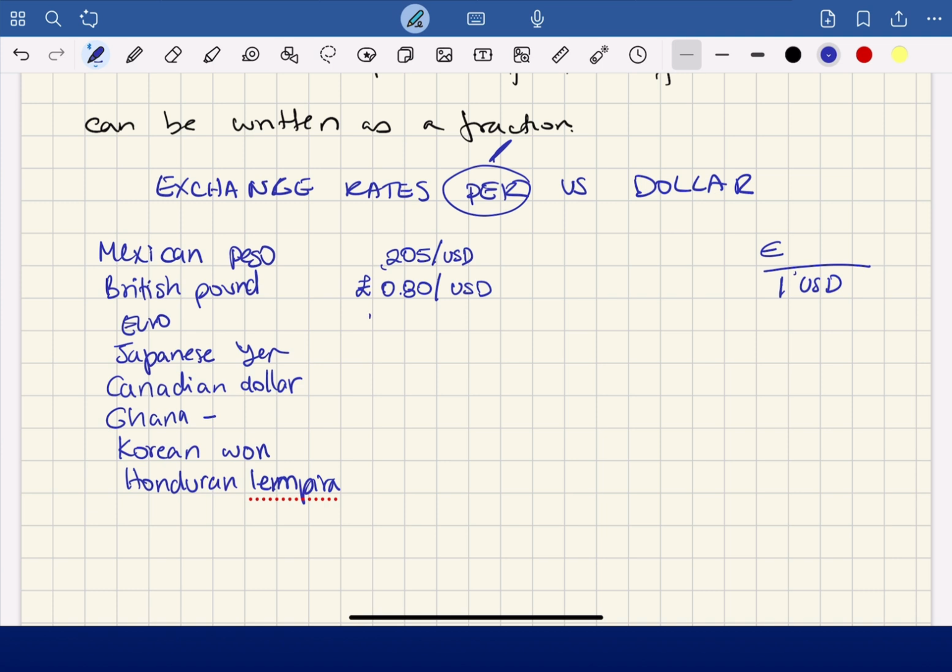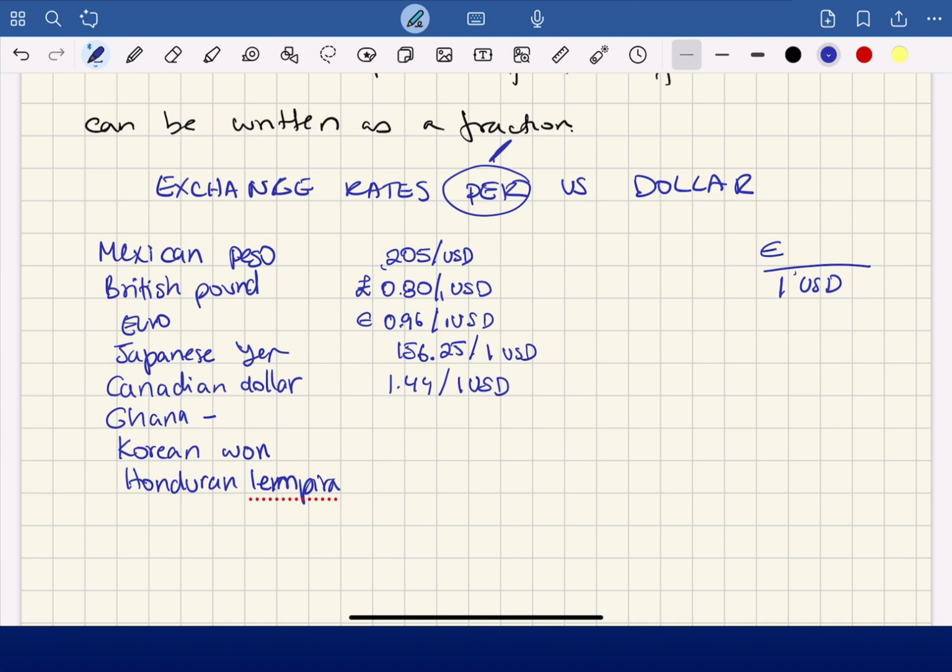As far as the euro, we have that $1, this is a unit rate, would buy you 0.96 of a euro. For the Japanese yen, we have 156.25 Japanese yen equivalent to $1. For the Canadian dollar, 1.44 Canadian dollars is equivalent to $1.